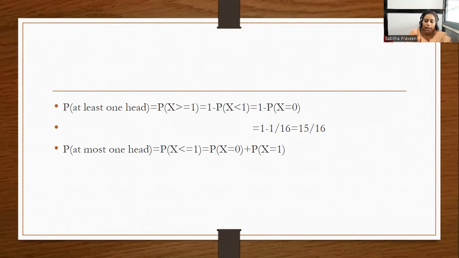So we can write it as P of x less than or equal to 1, which is equal to P of x equal to 0 plus P of x equal to 1, because of the two possibilities: one will be 0, the other will be equal to 1. So we have to take their probabilities together. P of x equal to 0 and P of x equal to 1 we already calculated. So we substitute those values: 1 by 16 plus 1 by 4, which is equal to 5 by 16.